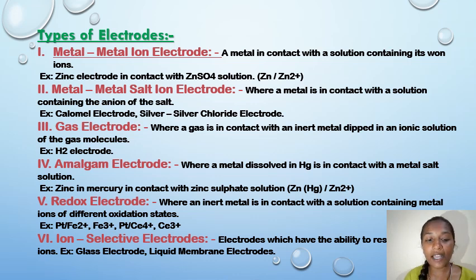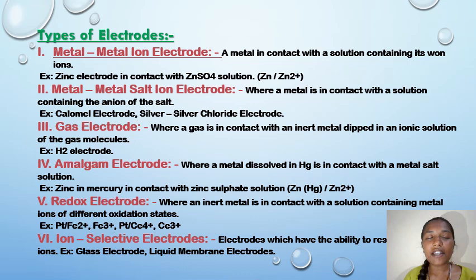Fourth is the amalgam electrode, where a metal dissolved in mercury is in contact with a metal salt solution. Example, zinc amalgam in mercury is in contact with the zinc sulfate solution. Fifth is the redox electrode, where an inert metal is in contact with a solution containing metal ions of different oxidation states.